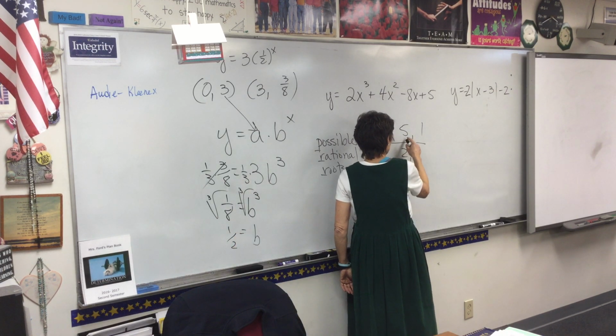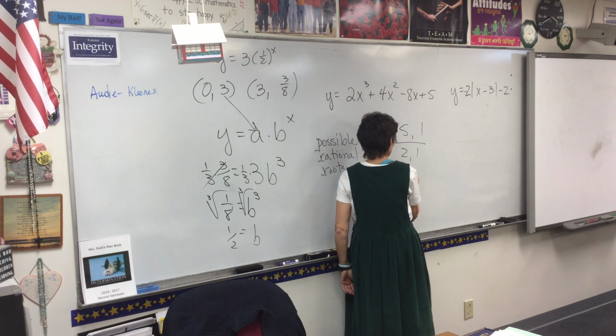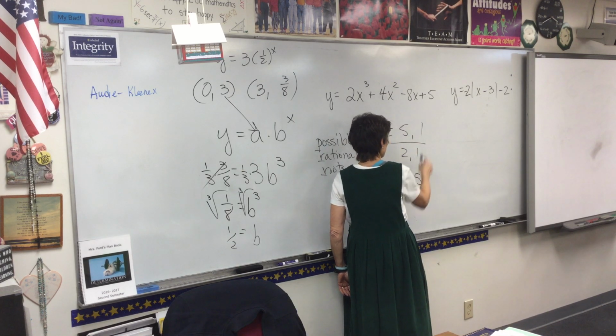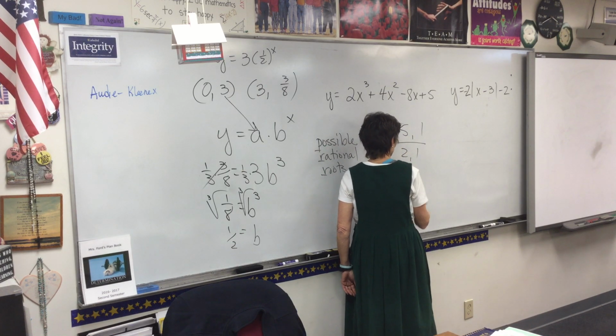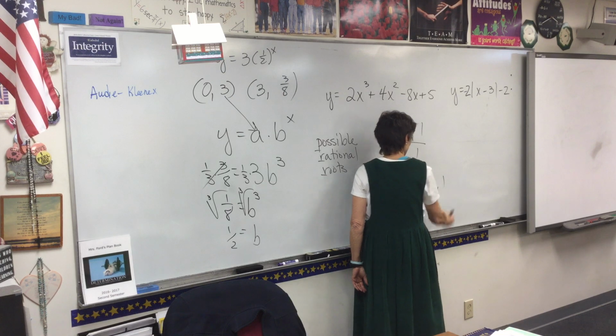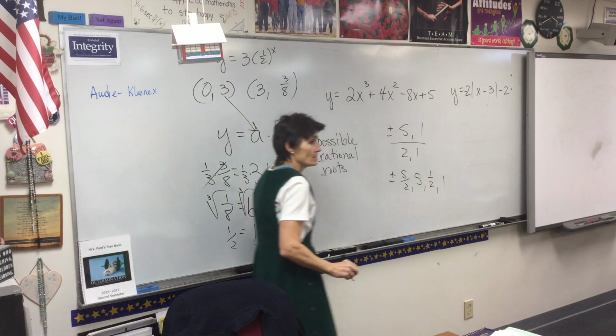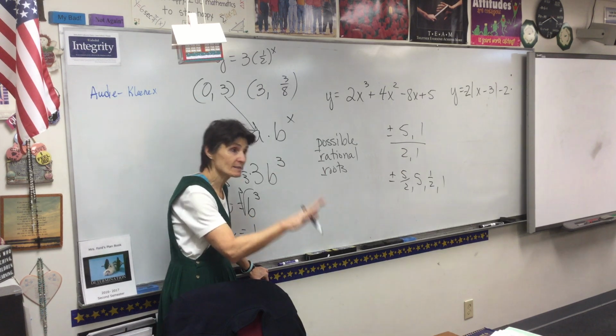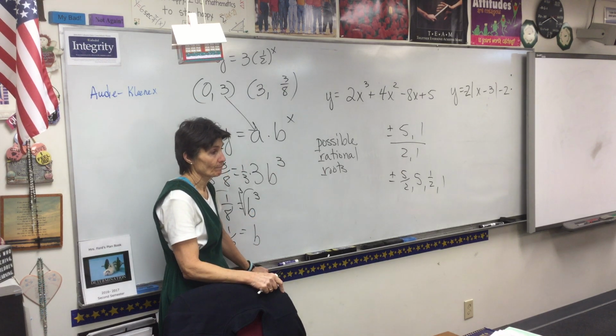Well, just take 5 and put it over 2 and 1. So that would be 5 over 2 and 5 over 1. Then take 1 and put it over 2 and 1. So that would be 1/2 and 1. So those are the numbers that are the possible rational roots.